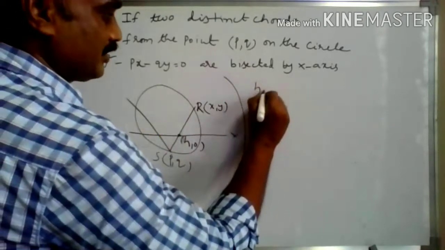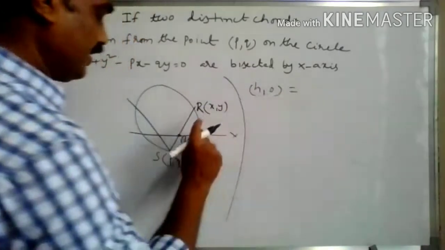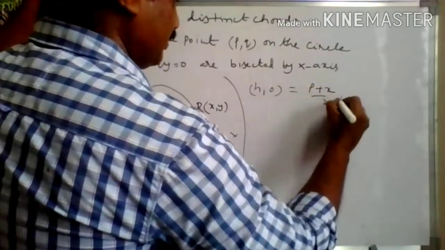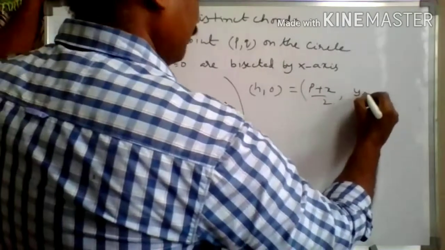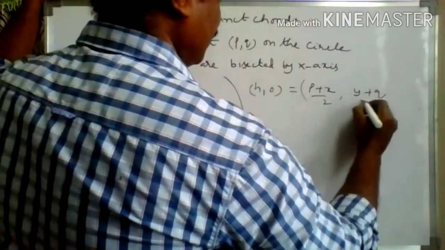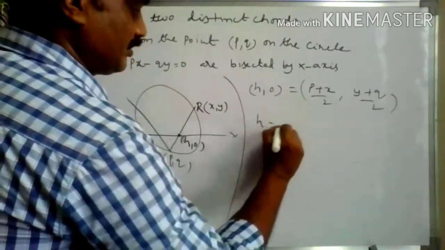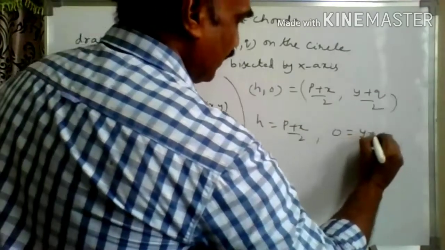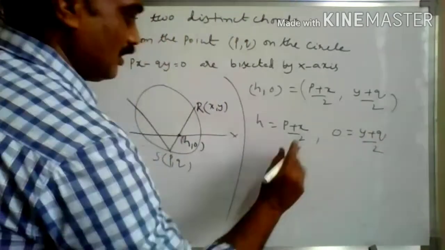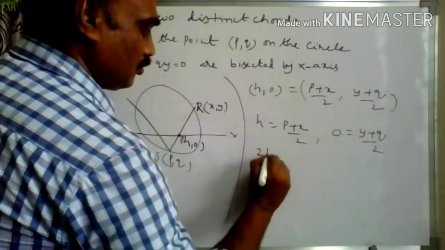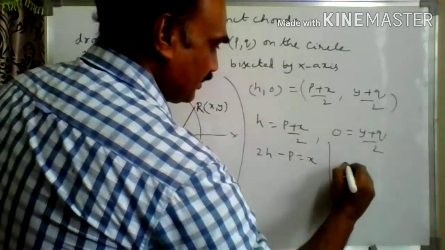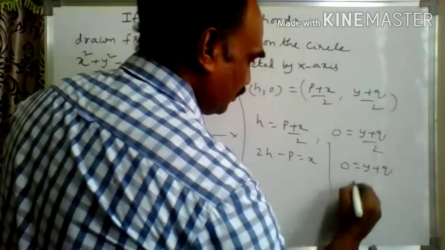So h = (p + x)/2, giving x = 2h − p, and 0 = (y + q)/2, giving y = −q.